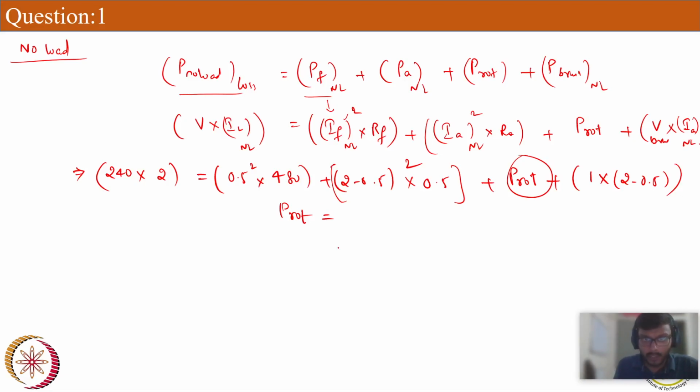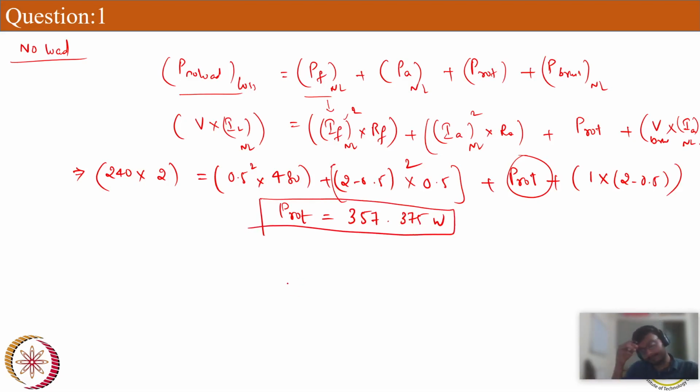So I am getting a P rotational loss of 357.375 watts. This is the rotational loss I am getting. Please everyone tally with me.